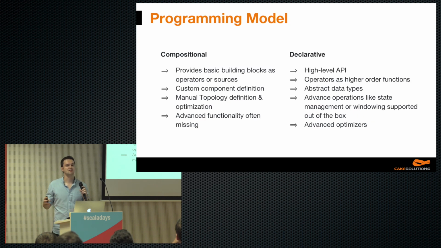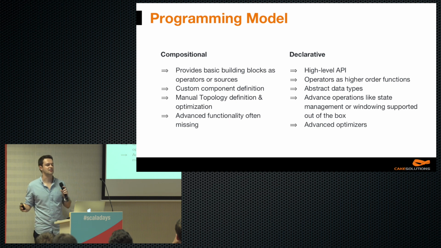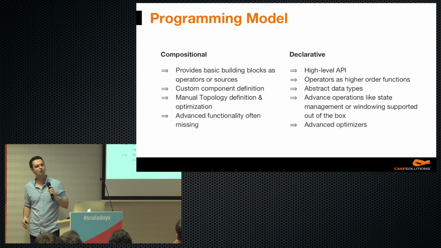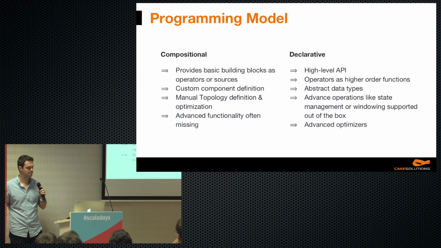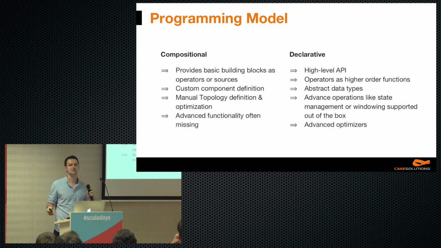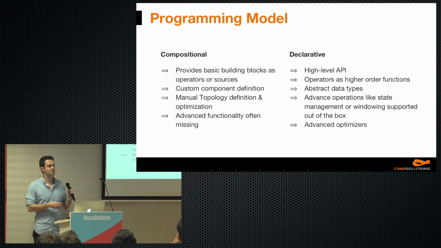Programming models can be classified as compositional and declarative. The compositional approach provides basic building blocks, like sources or operators, and they must be tied together in order to create the expected topology. New components can usually be defined by implementing some kind of interfaces. On the contrary, operators in declarative APIs are defined as higher-order functions.